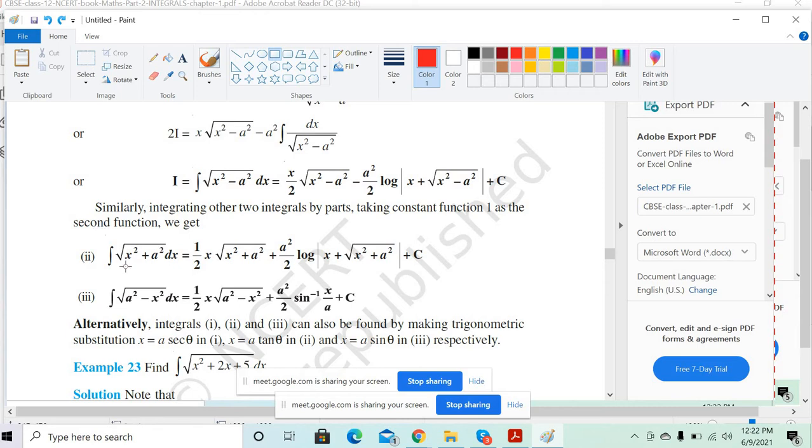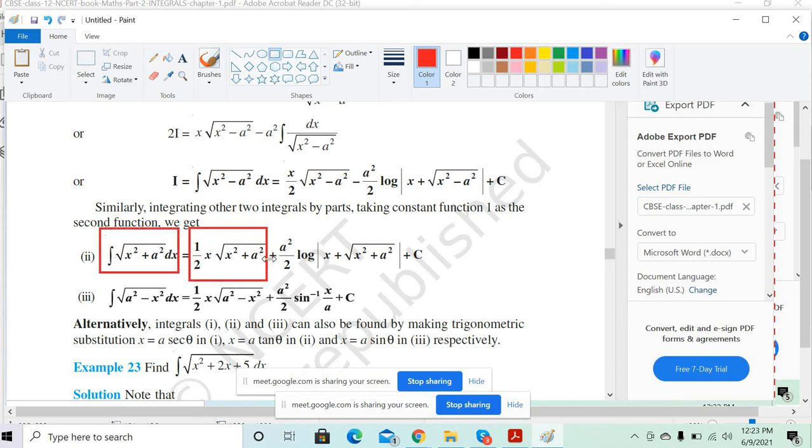Now look at this part. For the second formula, we don't have to derive it, but the method is the same. Just remember this part. Now x square minus a square was done. Now we are doing it for x square plus a square. It is exactly similar to the same formula. The only thing is the minus sign is changed to plus sign. That's it.